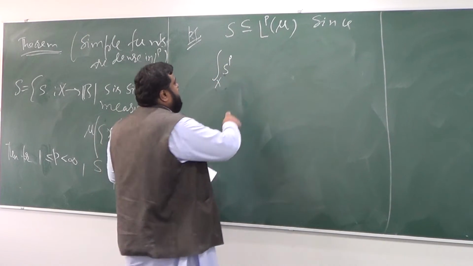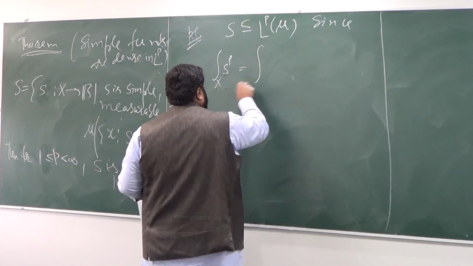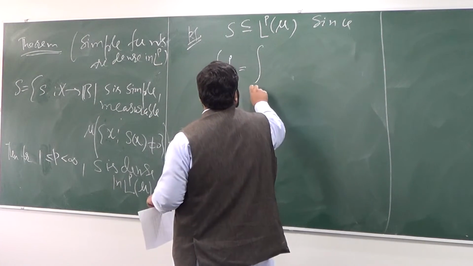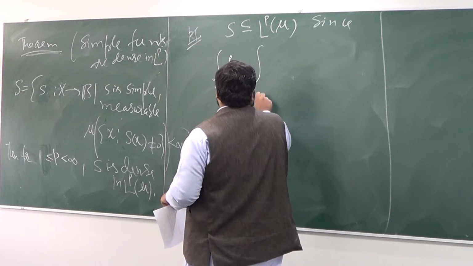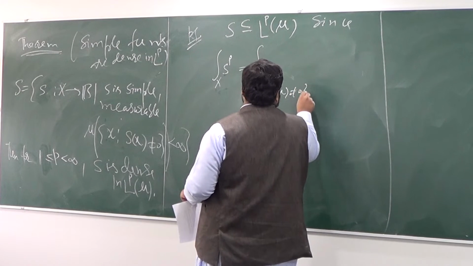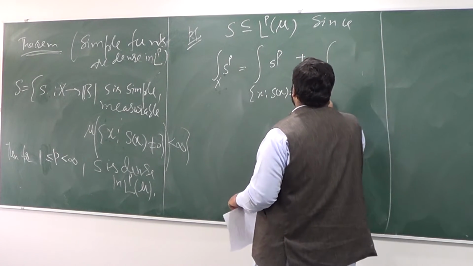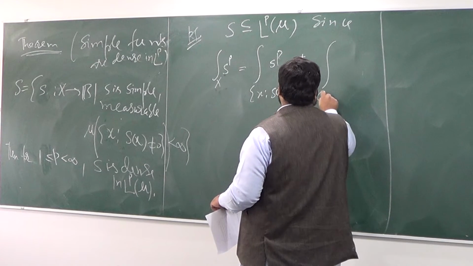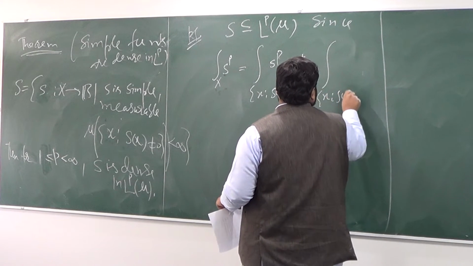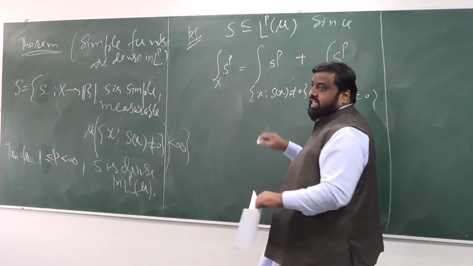So I can break this X first down into two sets: the collection of the points where S of X is not 0, plus the collection of the points where S of X is 0. That's the first thing that I can do.